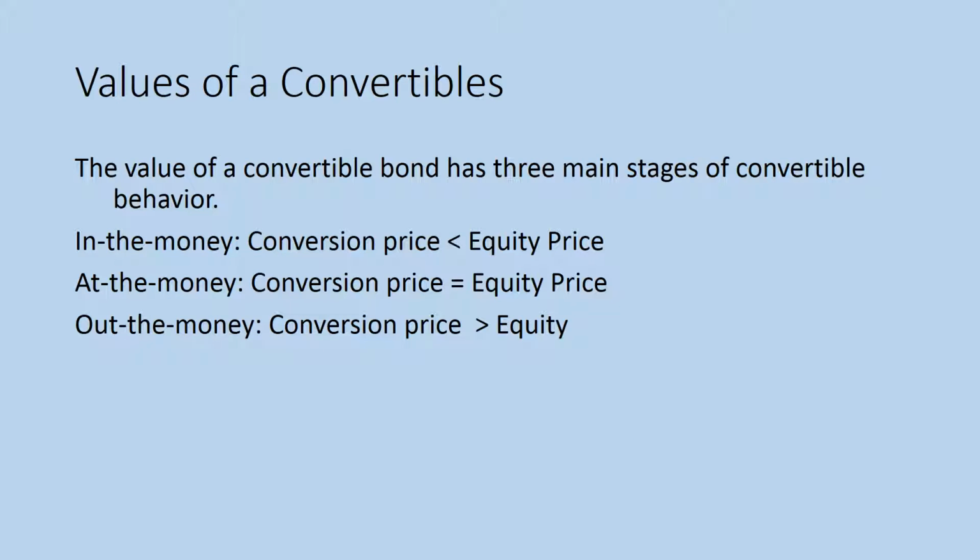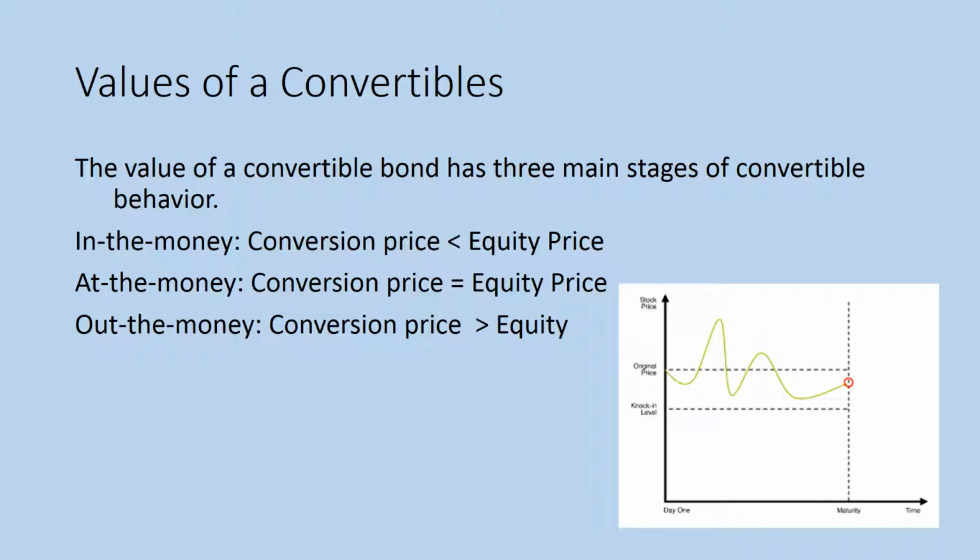Values of convertibles. The value of a convertible bond has 3 main stages of convertible behavior. There is the in the money stage, where the conversion price is less than the equity price. The at the money stage, where the conversion price is equal to the equity price. And the out of the money stage, where the conversion price is greater than the equity.